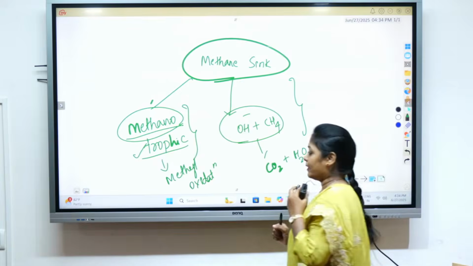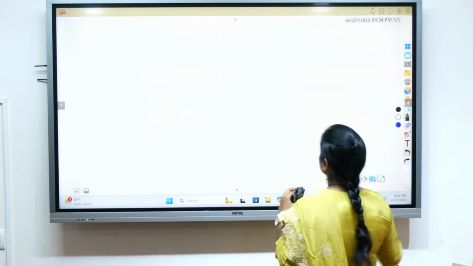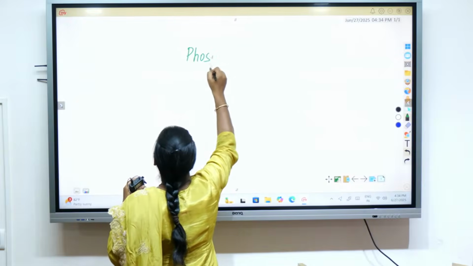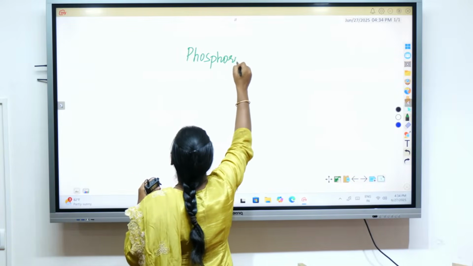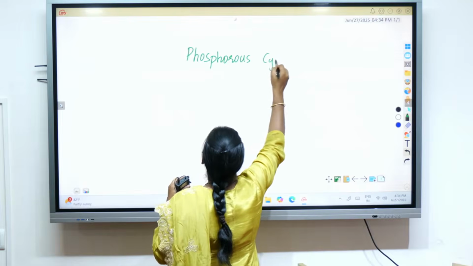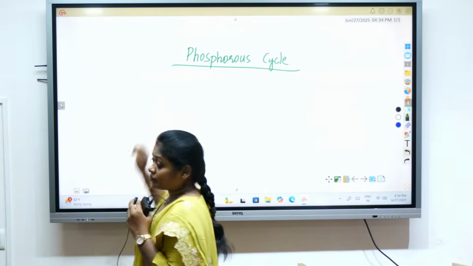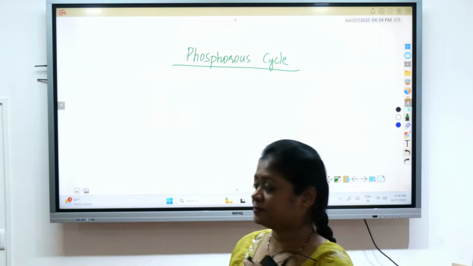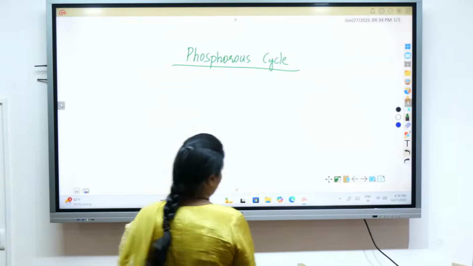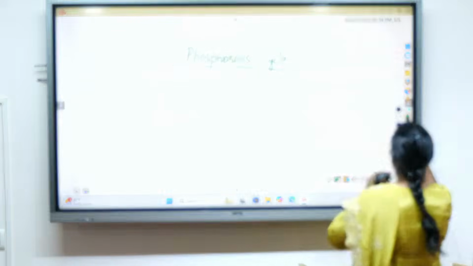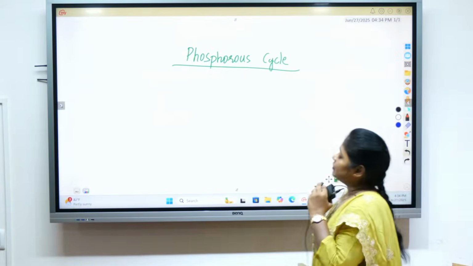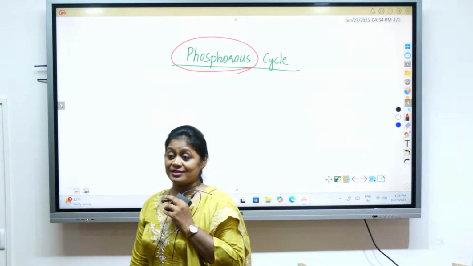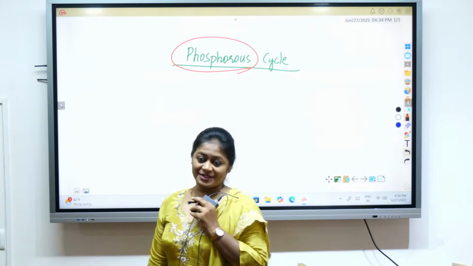Phosphorus cycle. Tell me, is this phosphorus cycle a gaseous cycle or a sedimentary cycle? Sedimentary cycle.